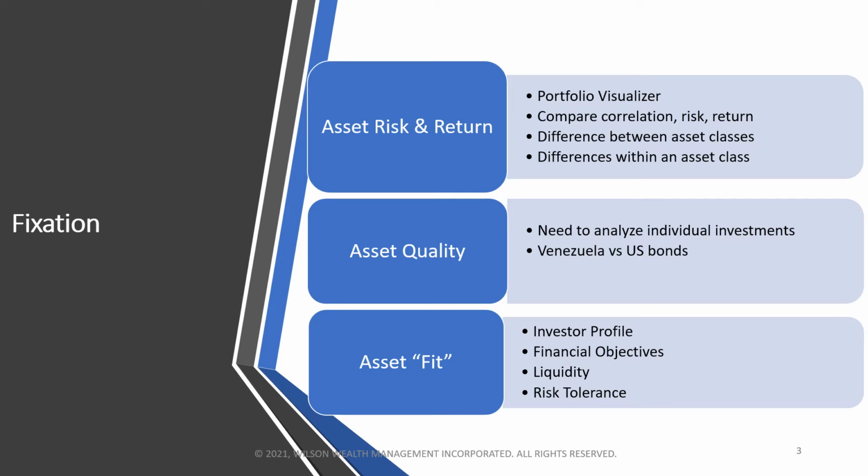If I want to buy a house in 2 or 3 years, it doesn't matter what the correlation of venture capital against my existing portfolio is. It just doesn't make sense against my objectives, my need for liquidity, and possibly my risk tolerance, because a lot of people are not comfortable investing in venture capital.